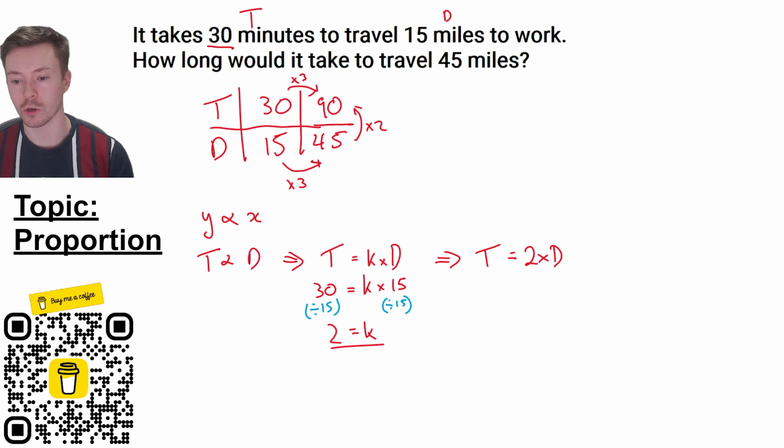Okay, now I'm going to show you the other method, and again, this is with an equation or a formula that we're going to make and then substitute some numbers in. Right, now, what we want to do here is, because it's inverse proportion, P is going to be proportional to the inverse of T, so 1 over T. Okay?